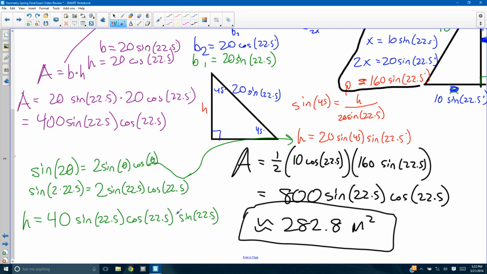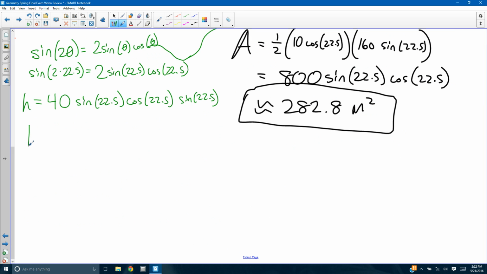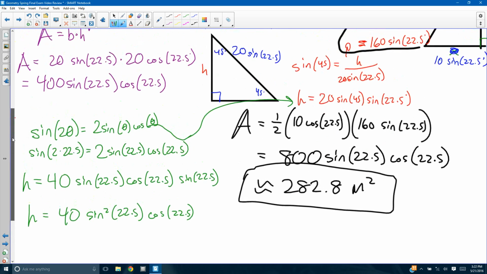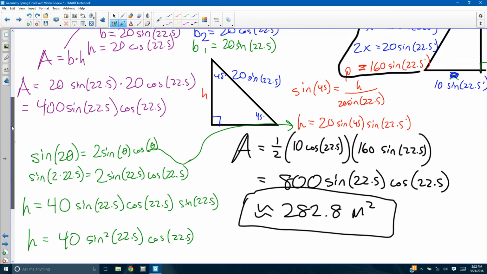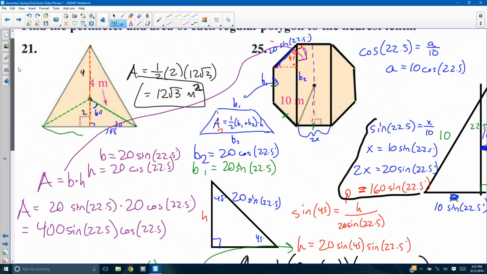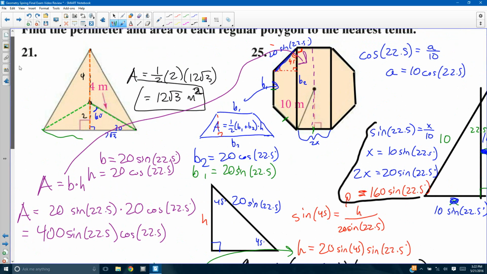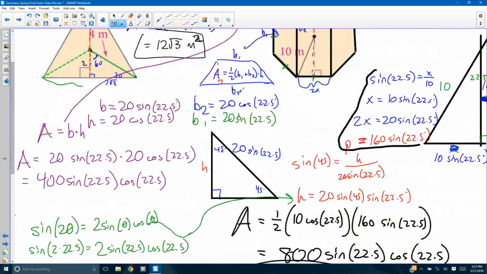Okay? So h now combined, there are 2 sine of 22.5s right there, so we're going to square those. So h is 40 times sine squared of 22.5 times cosine of 22.5. See, the problem is I'm not helping anyone unless you're a calculus student here. So there's h. So to find the area of one of these trapezoids here, it's going to be 1/2 averaging these bases here.